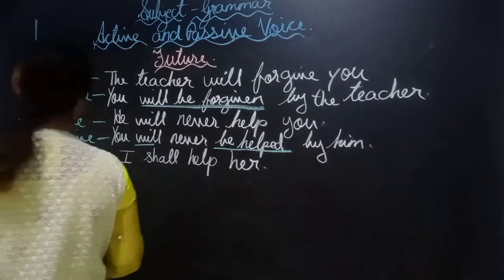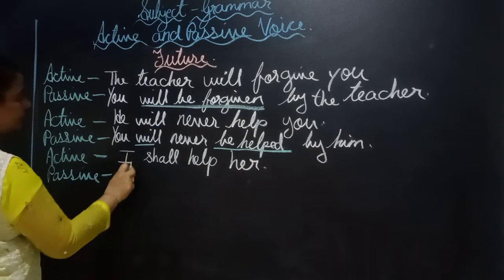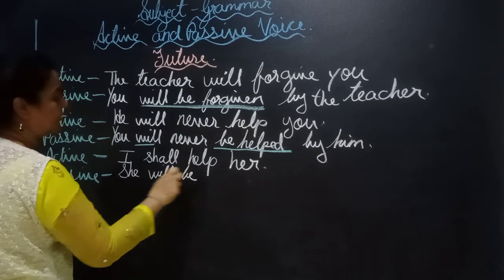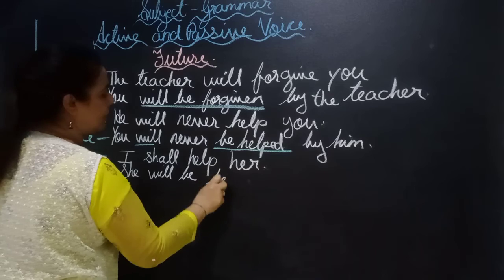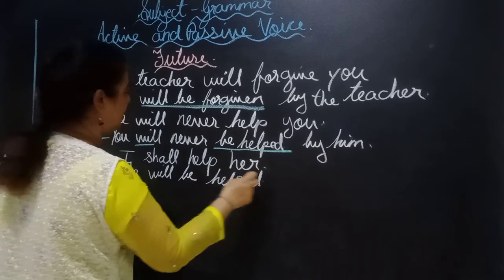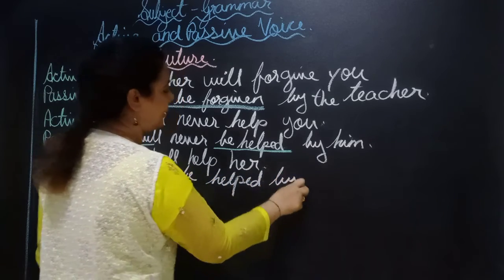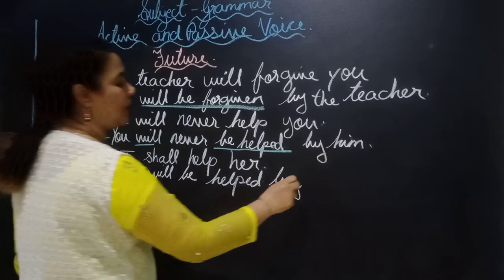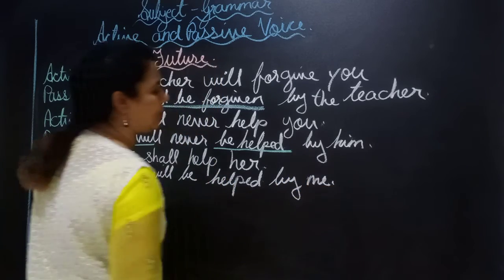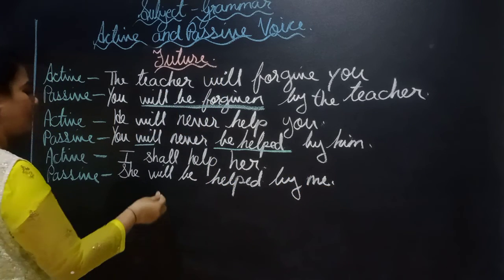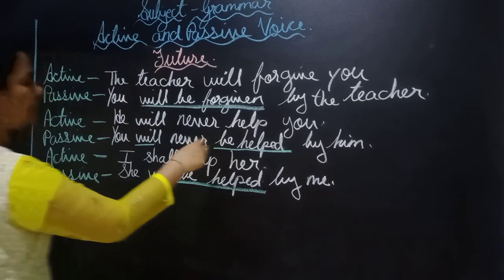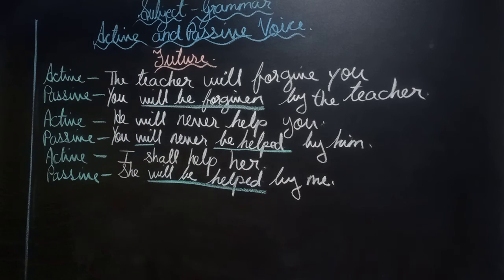So it will be: she will be helped by me. Now this I will become me. Yes students, now say it, I will become me. Okay. Then we added will plus be plus the past participle of help, that is helped.